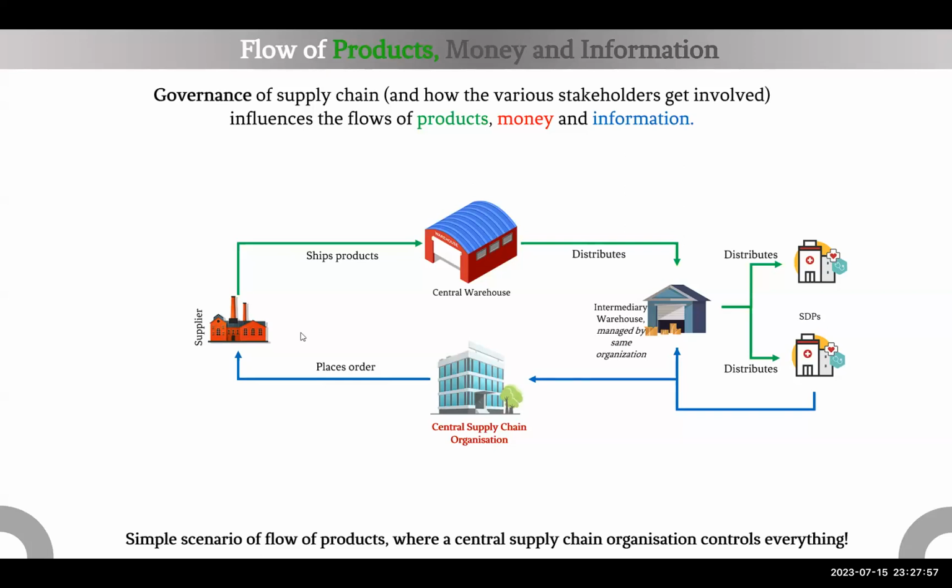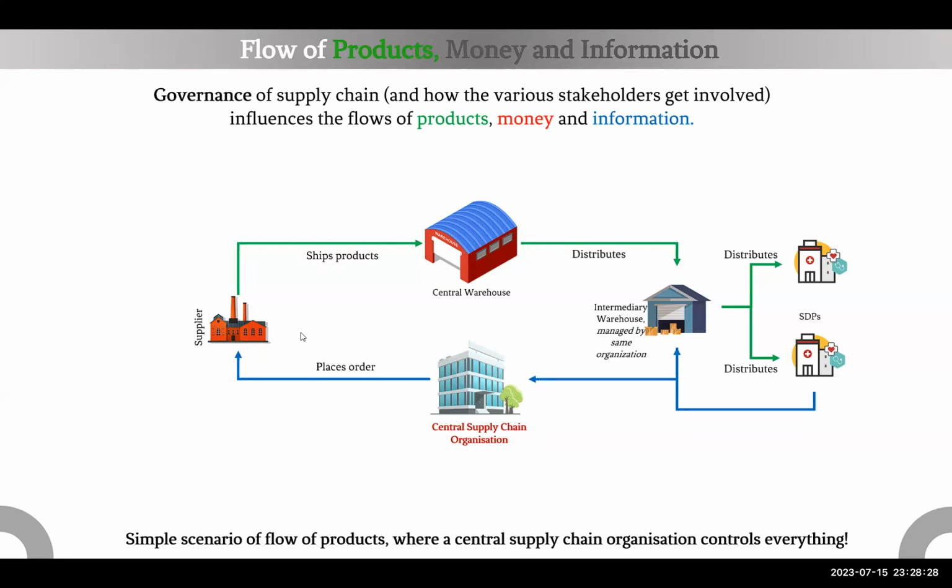All the information is fed to the central organization, which then places the order. So the one organization is placing the order with the supplier, and then the products come to the warehouse, which is also managed by the one central organization. And then from there, it goes to intermediary warehouses, which are probably at a state level, county level, provinces, districts, from where it can go to service delivery points.